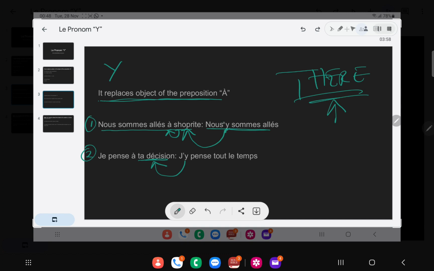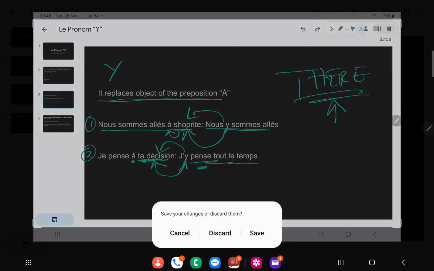Y representing ShopRite once again. Second sentence: Je pense à ta décision. Je pense à quoi? What are you thinking of? Ta décision. So in the second sentence, y is now replacing the object of à, ta décision. Ta décision is no more mentioned again here. J'y pense tout le temps. I think about it all the time. Let's proceed.